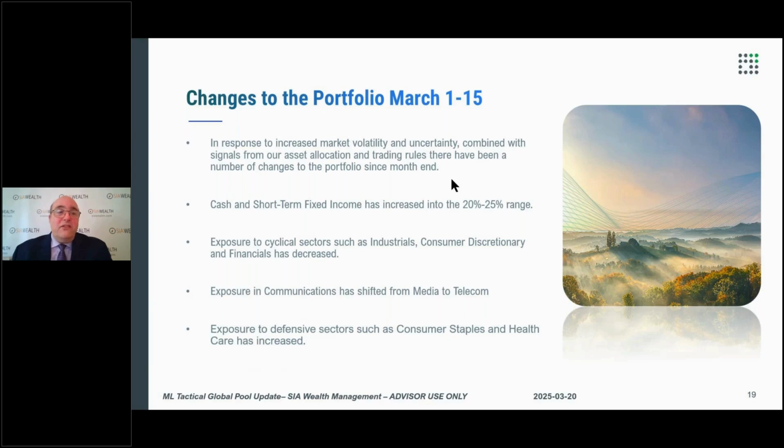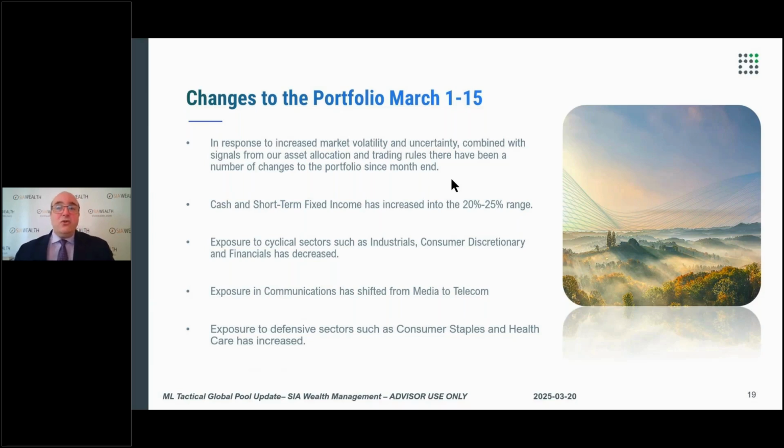Also, I talked previously about the cyclical sectors having been strong in February. Well, that has changed a lot. We have significantly rotated out of cyclical sectors such as industrials, consumer discretionary, and financials. And within the communications sector, our exposure has shifted from media companies and social media companies to telecom companies. So from the aggressive to the defensive.